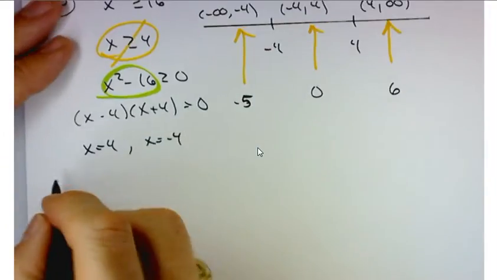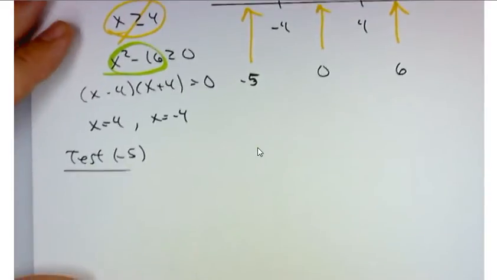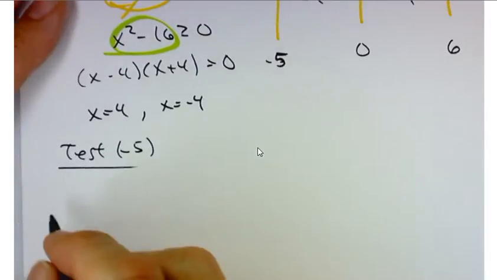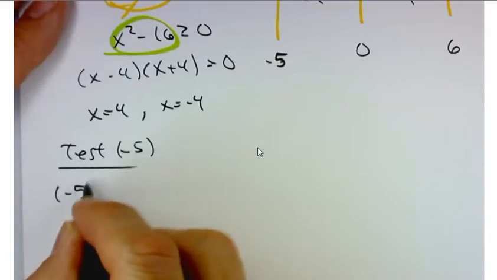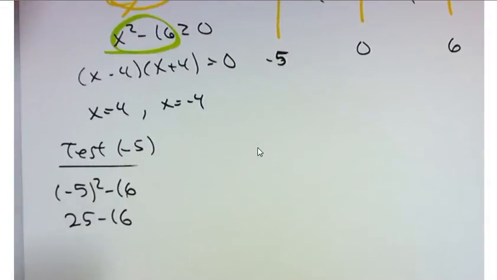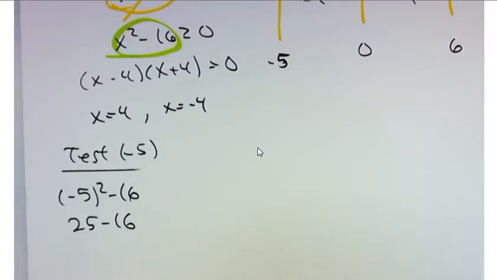So, for those of you who don't have one of these toys at home, here's another look at doing it by hand. So I'm going to test negative 5. Negative 5 squared minus 16, 25 minus 16. You don't even need to come up with the number 9. All we need to know is the sign. It's going to be positive.